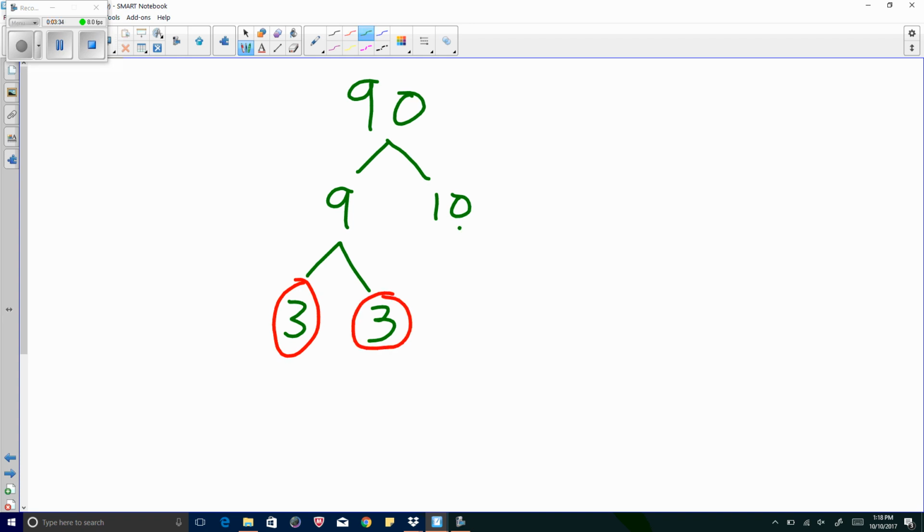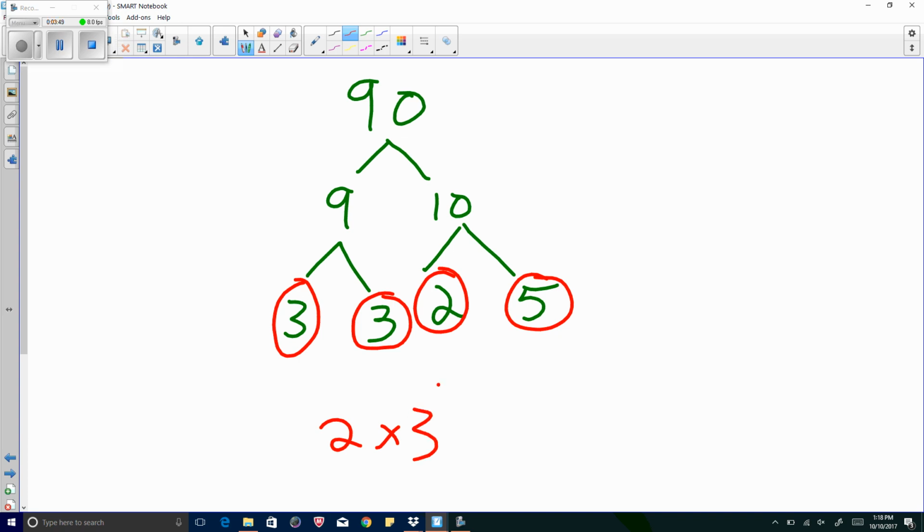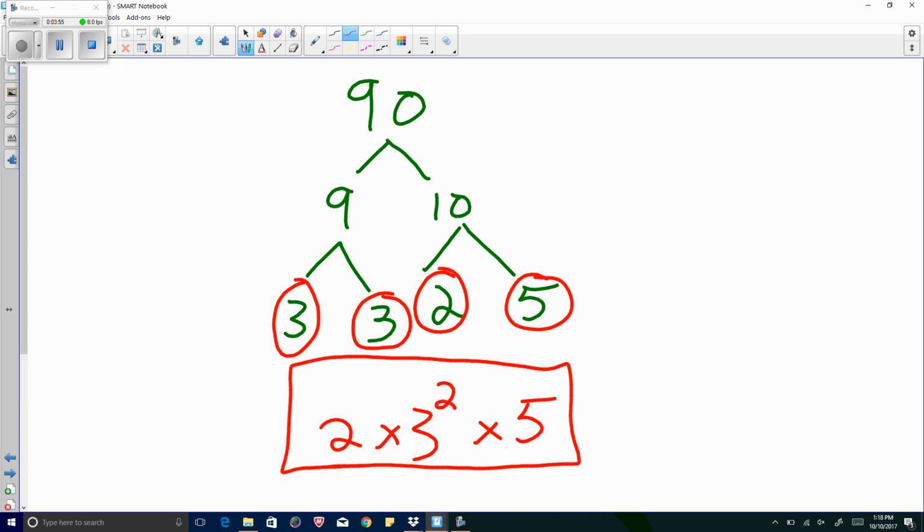So we can break up 10 into 2 times 5, and both of those again are prime. Now going through and collecting our fruit, we have 1 2, we have 2 3's, and we have 1 5. So here is our prime factorization of 90.